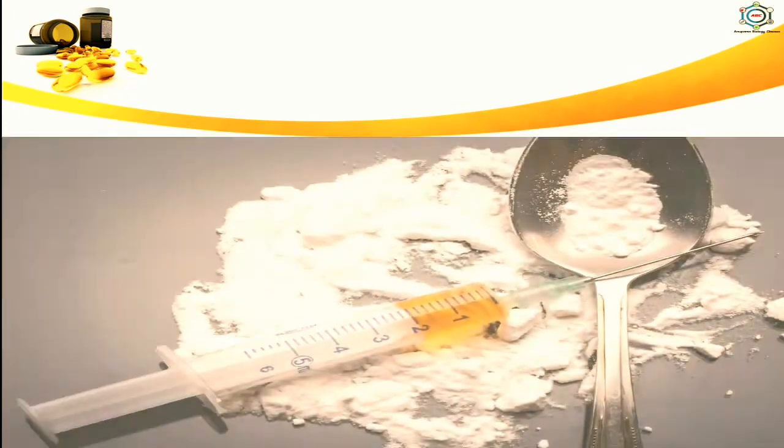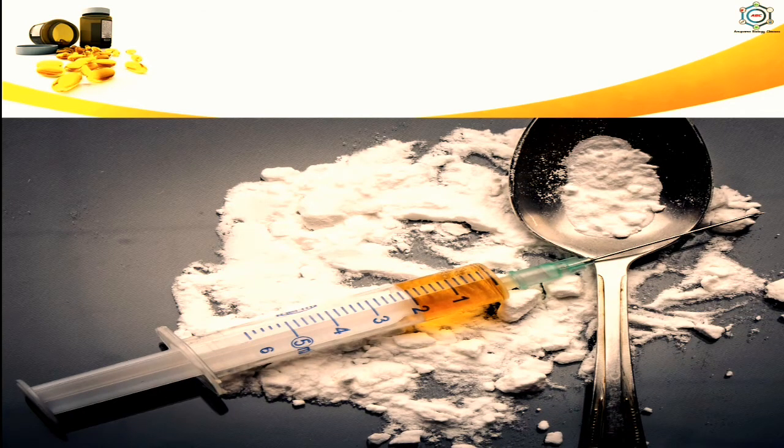Now, after this, the next is heroin, which is also known as diacetylmorphine or diamorphine. Heroin is a white or brown crystalline semi-synthetic compound prepared from morphine by acetylation. It is the most dangerous opiate.